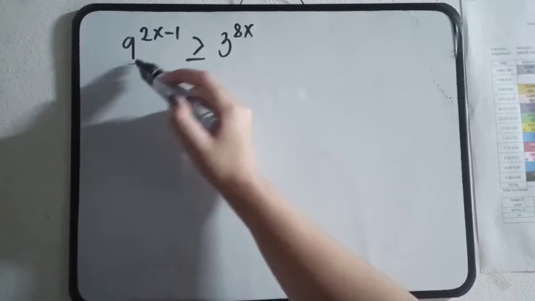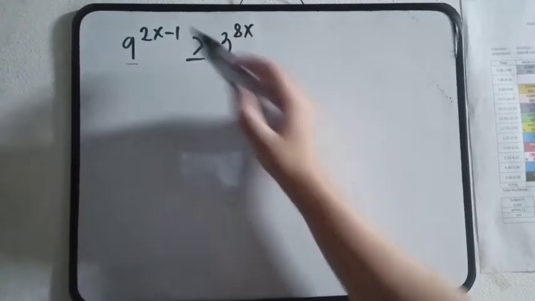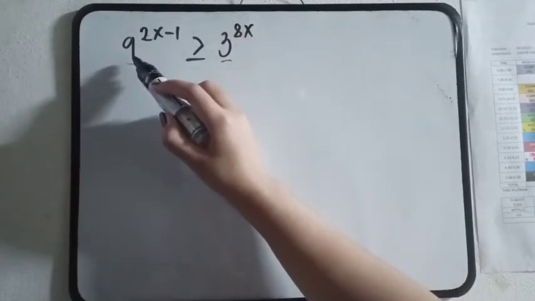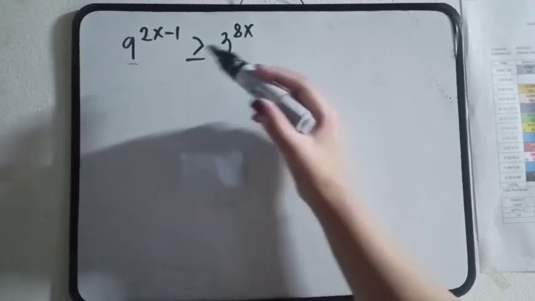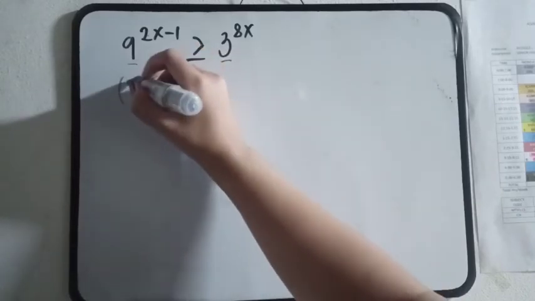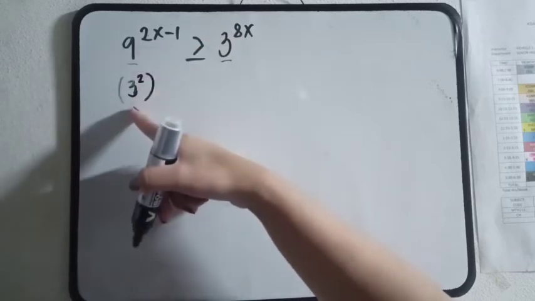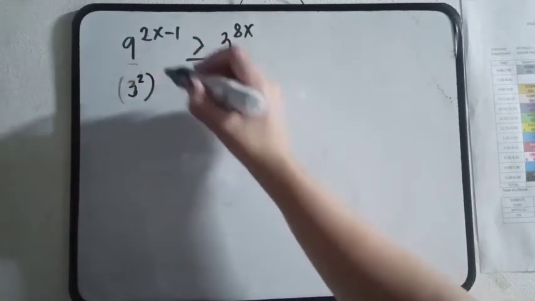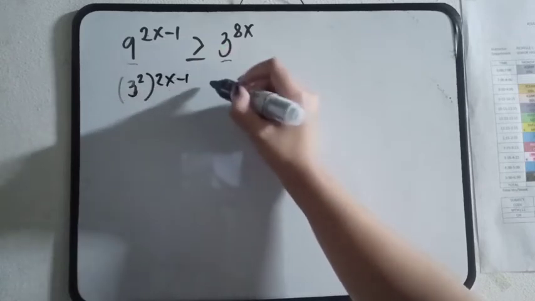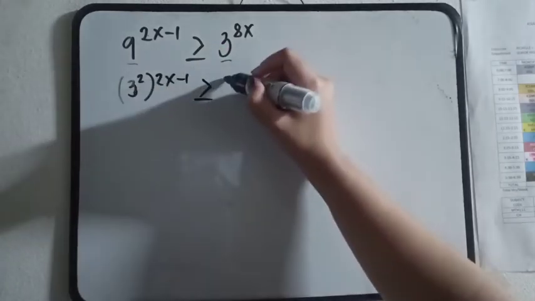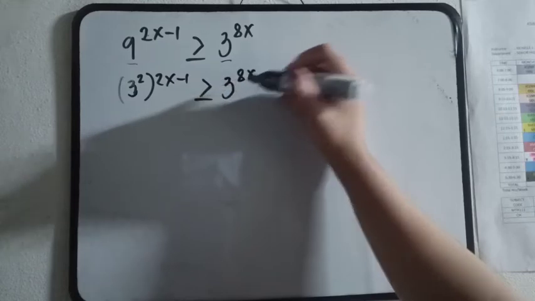Dito is 9, dito naman is 3. So since si 9, pwede natin yan i-rewrite as base 3 din. Pwede natin yan isulat as 3 raised to 2, or 3 squared, kasi 3 times 3 is 9, raised to 2x minus 1 is greater than or equal to 3 raised to 8x.